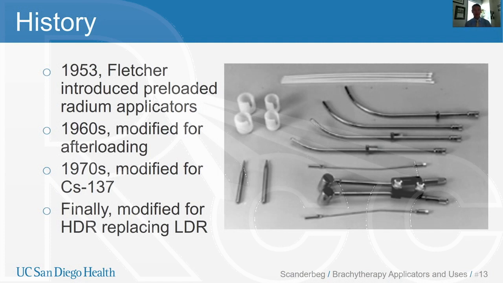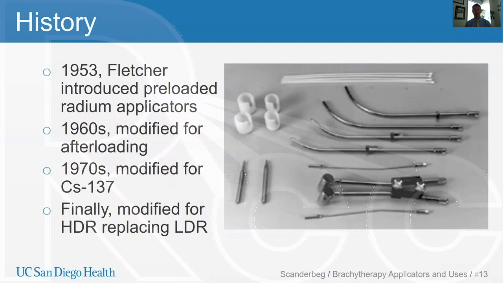From 1920 to 1950, there was a lot of experimentation with the use of radium and radon for treatment of cancer, and a tremendous amount of clinical data was obtained. Many of the modern techniques used today were developed during this period and have been slightly modified over the years with technical evolution. In the picture on the right, we can see the evolution of some of those early applicators.